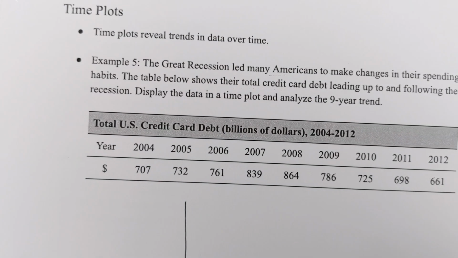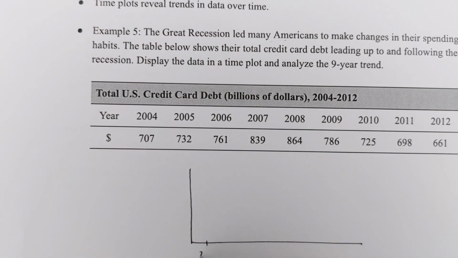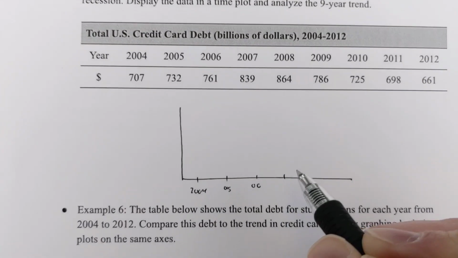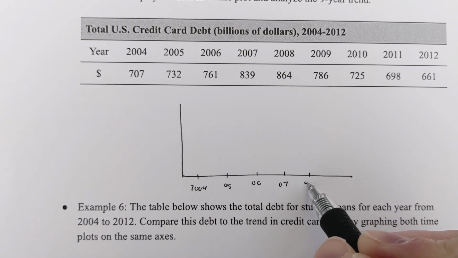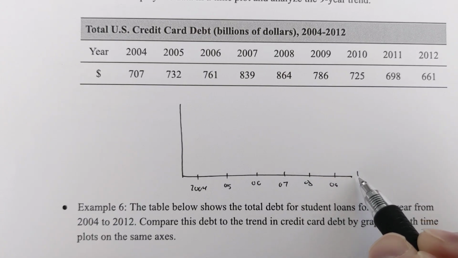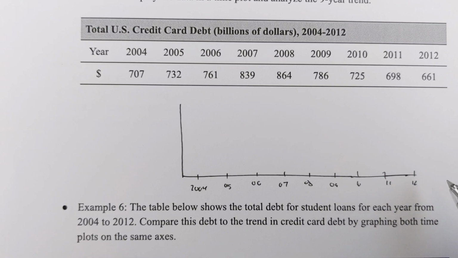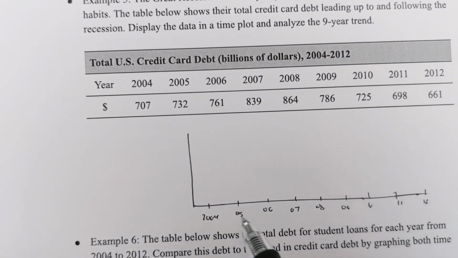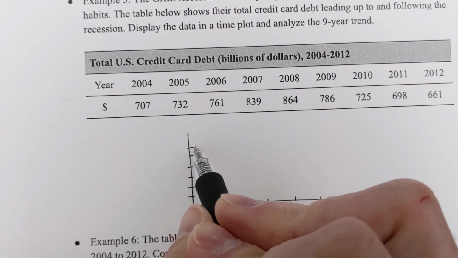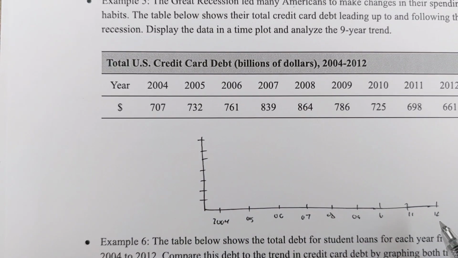So going across the bottom here, let's do 04, 05, 06, 07, 08, 09, 10, 11, 12. 1, 2, 3, 4, 5, 6, 7. Count by hundreds.